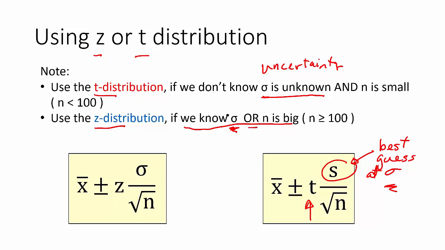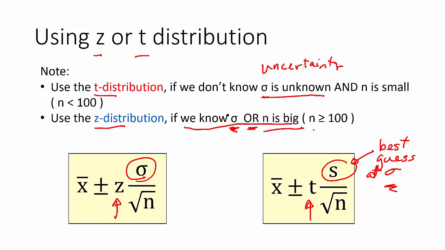So those operators "or" and "and" are important. If we know the true population standard deviation, we don't have the uncertainty, we get to use the z. The z will mean a smaller, tighter distribution. Or if n is big, then the t distribution and the z distribution are basically the same things, and we get to use the z distribution.